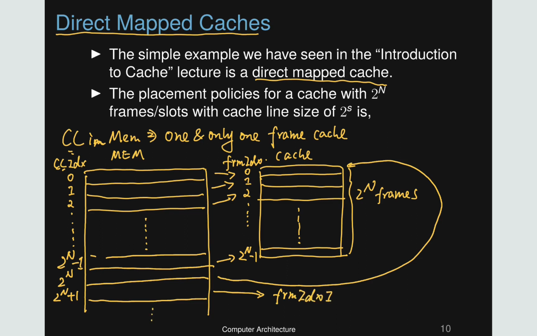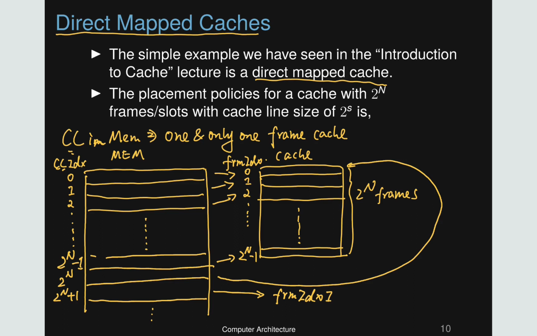We repeat this process until we have computed the frame index for all of the cache lines in the memory. So this mapping is very simple. We just continuously map the cache lines in the memory sequentially to the frames in the cache.